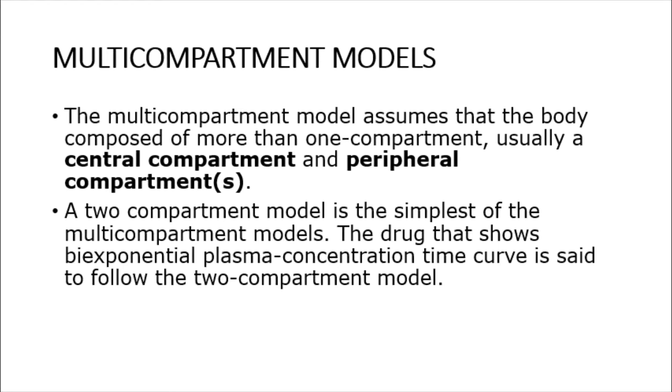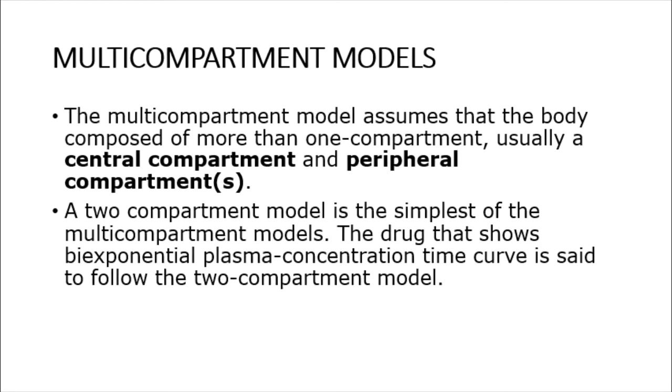The multi-compartment model assumes that the body is composed of more than one compartment, usually a central compartment and peripheral compartments. A two-compartment model is the simplest of the multi-compartment models. A drug that shows a bi-exponential plasma concentration time curve is said to follow the two-compartment model.